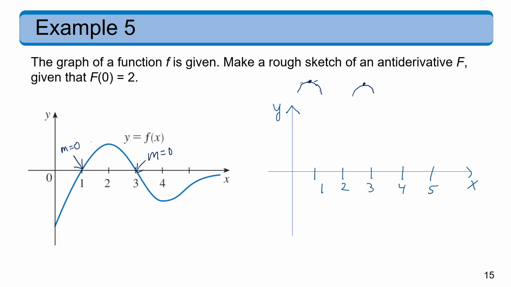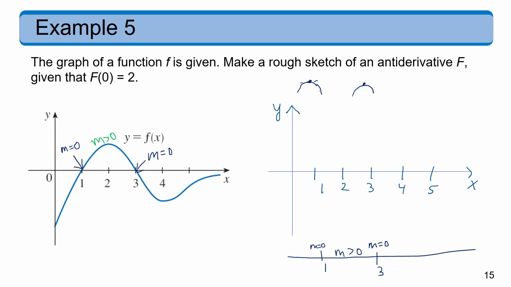This whole region here has positive slope. So between, what I could do is make a number line down here. We already said at points 1 and 3, the slope will be 0. And in between, the slope will be positive.